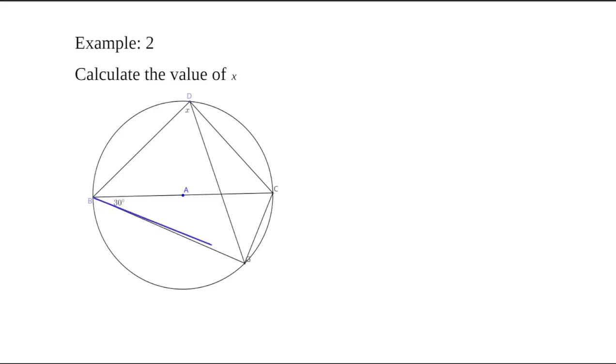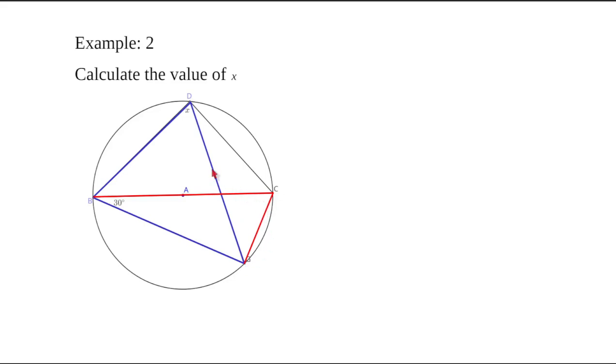Now this is our common chord. If you join the lines arising from the same chord, you are getting this angle here, which is angle x. At the same time, you are also getting this angle there, which is angle C.